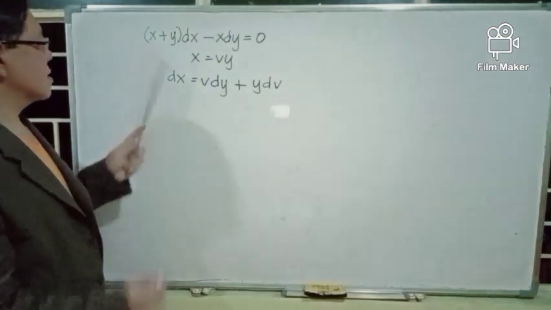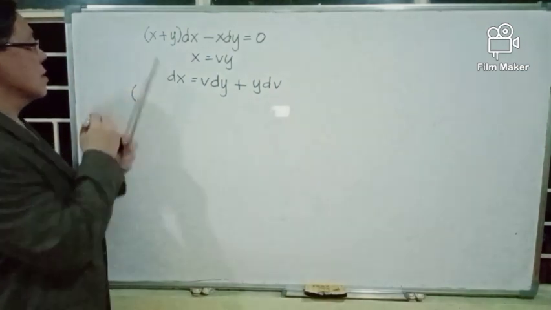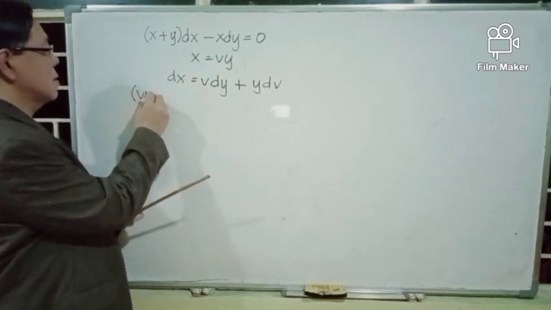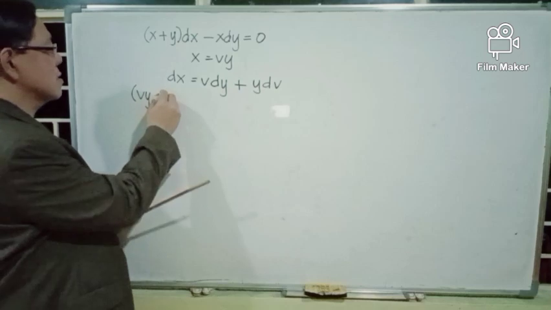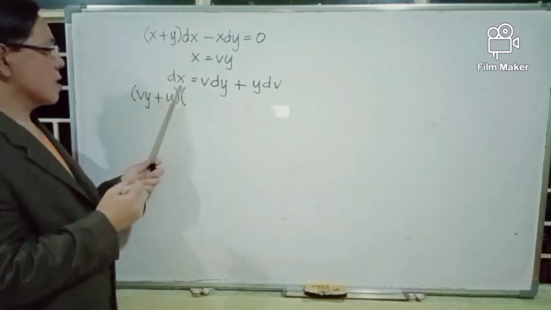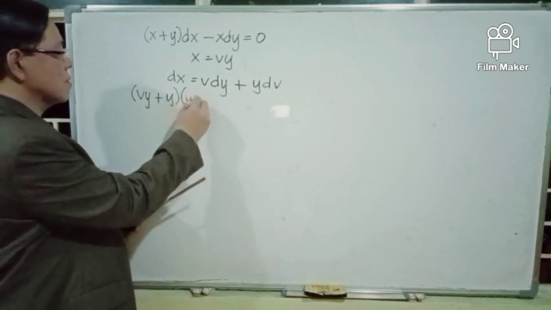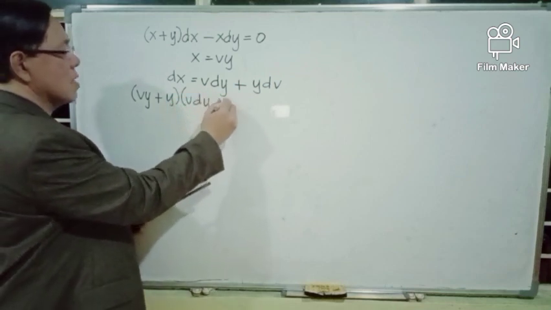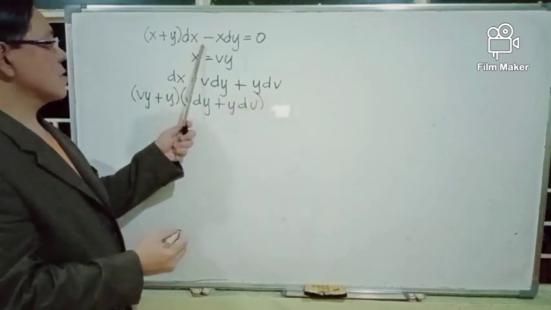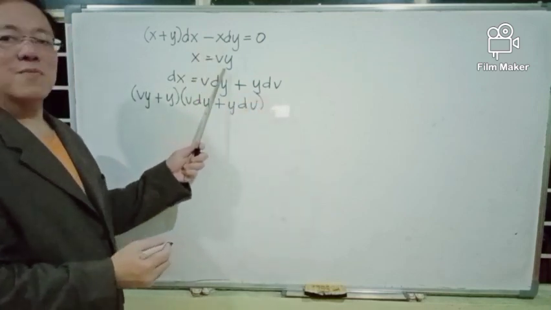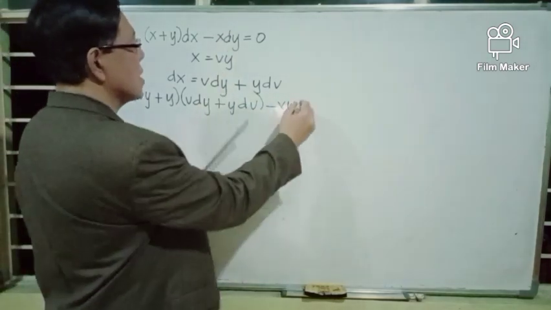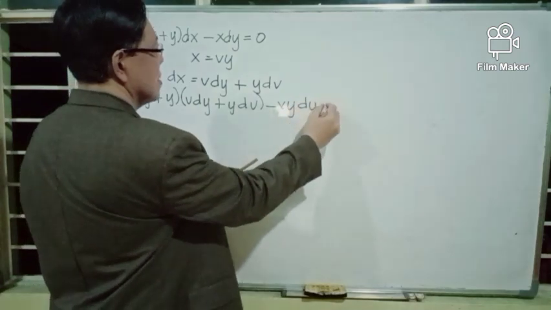We have quantity x is replaced with vy plus y, multiplied by dx. dx is equal to v dy plus y dv, minus x. x is vy, multiplied by dy equals 0.